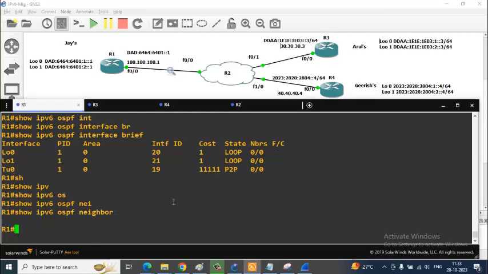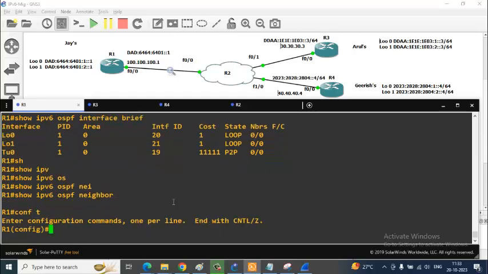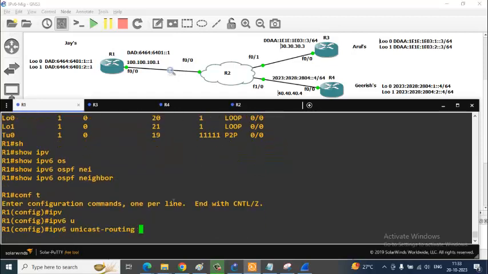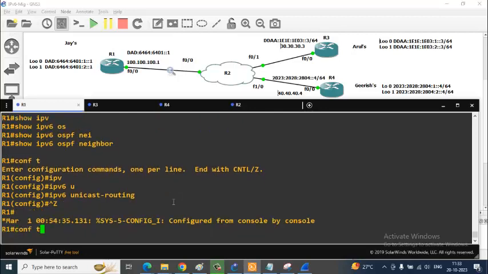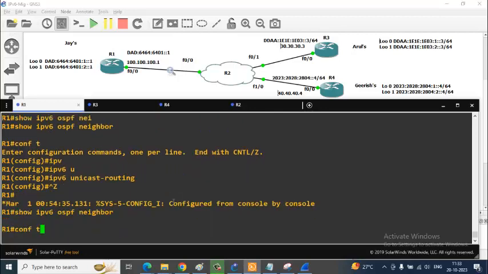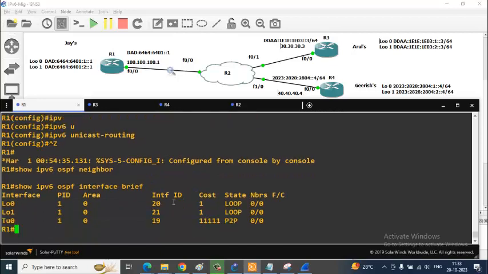Multicast enable, should we do it? Not necessary, the multicast option is not necessary. Okay. So why am I not getting it? IPv6 unicast routing is given, otherwise it would not have taken even the OSPF command. Show IPv6 OSPF interface brief. OSPF is running here.